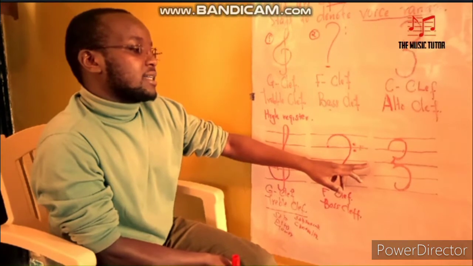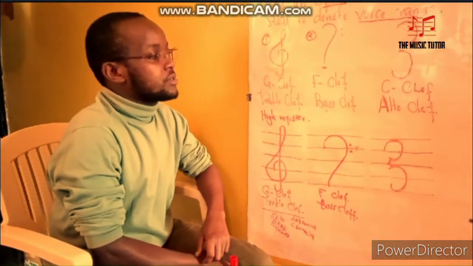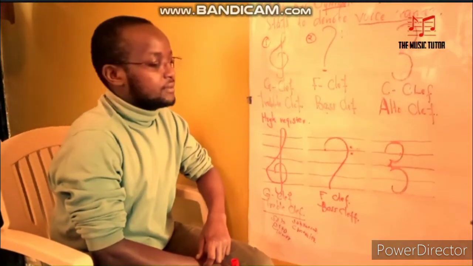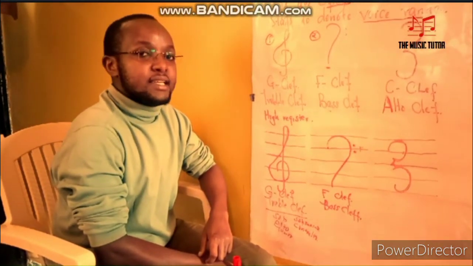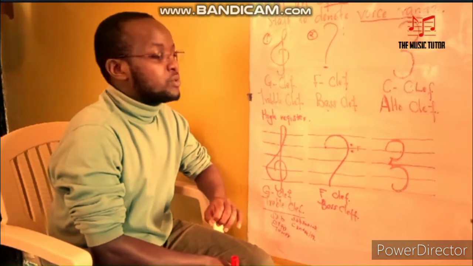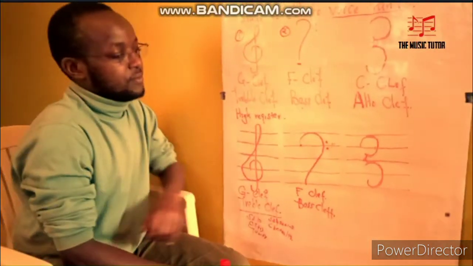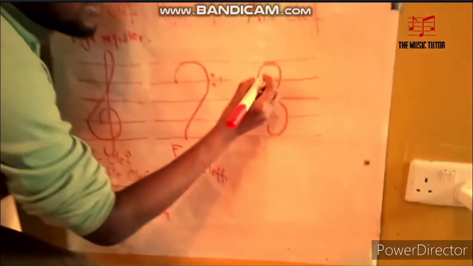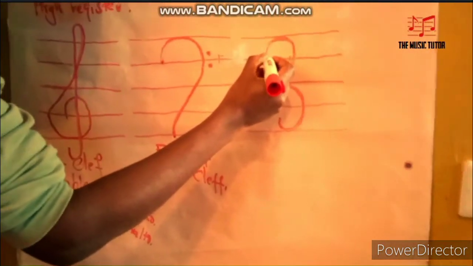We go to the third clef. I'll introduce you to the C clef. The C clef, we said, is used for the middle range voices, and I help you to draw the C clef. You start drawing from the second line from above.